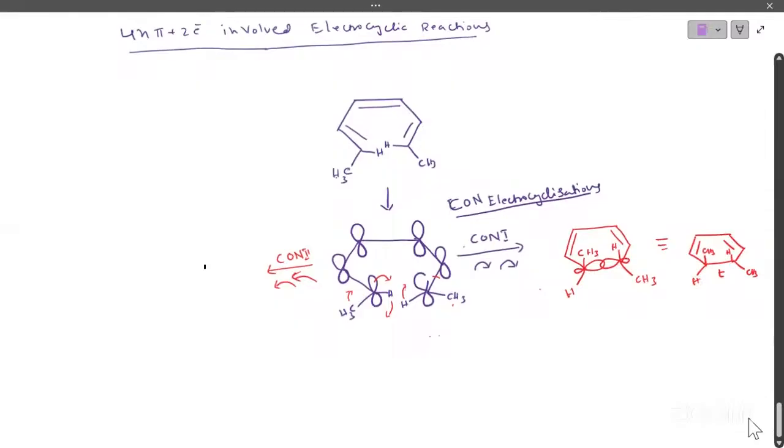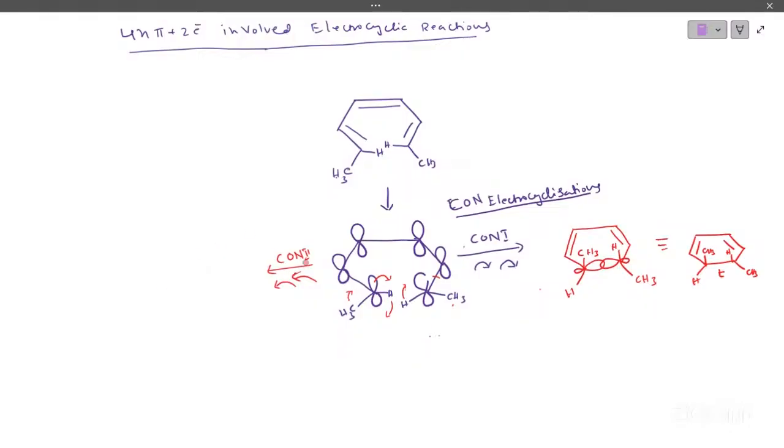Is the images are visible to you? Are you following? Yes, sir. Okay. Is it the illustration is clear to you? Yes, sir. Right. Thank you.